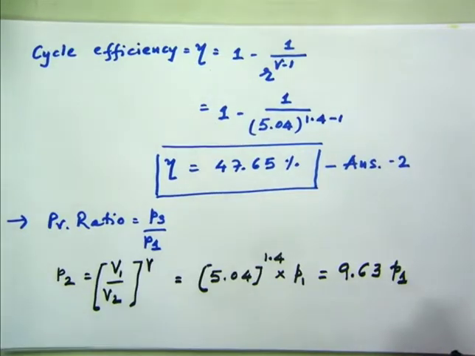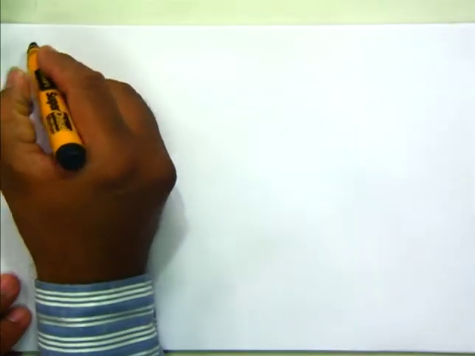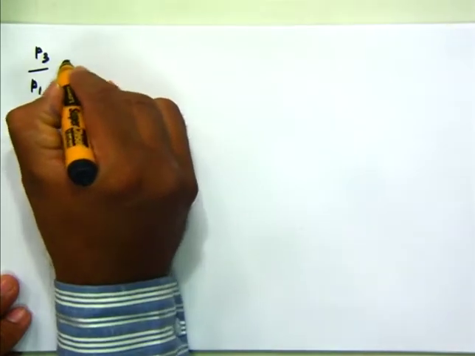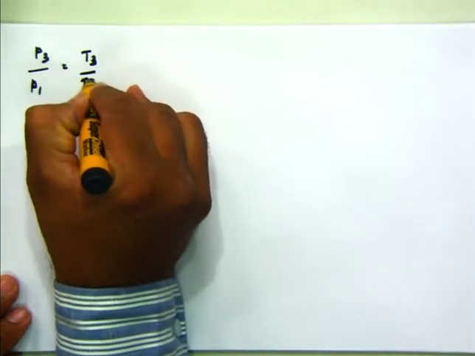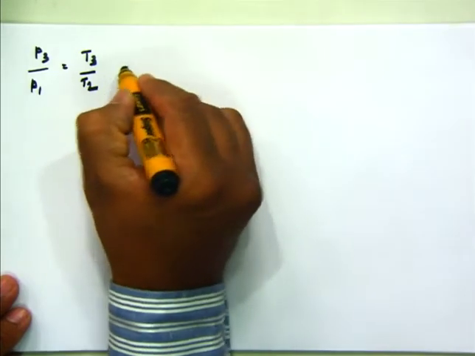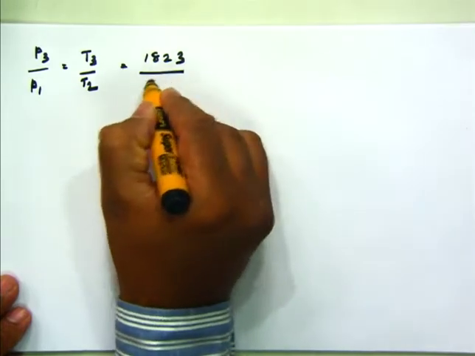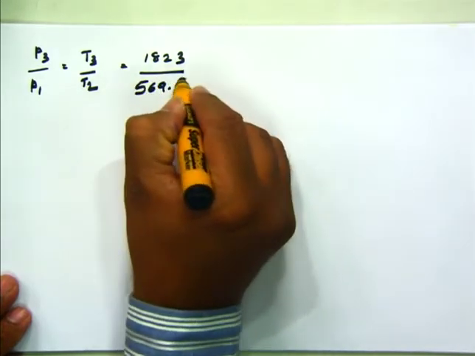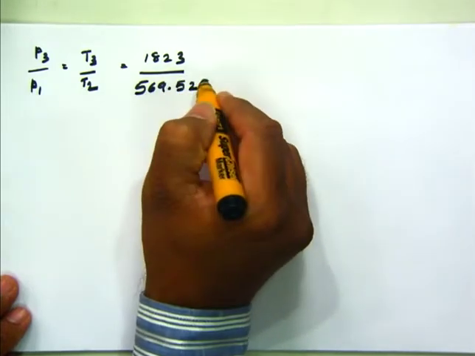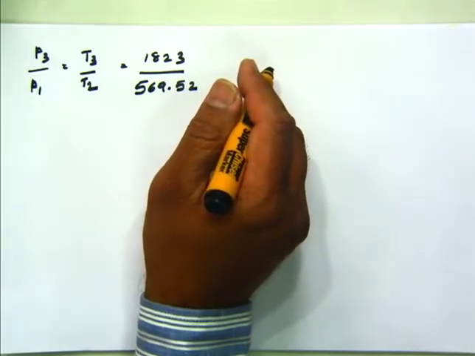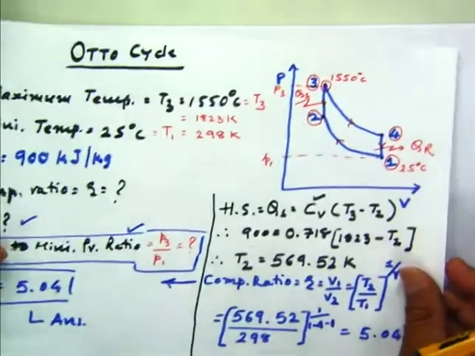Now, P3 upon P1. P3 upon P2 is equal to T3 upon T2, which is equal to 1823 upon 569.52, because it is already with you.